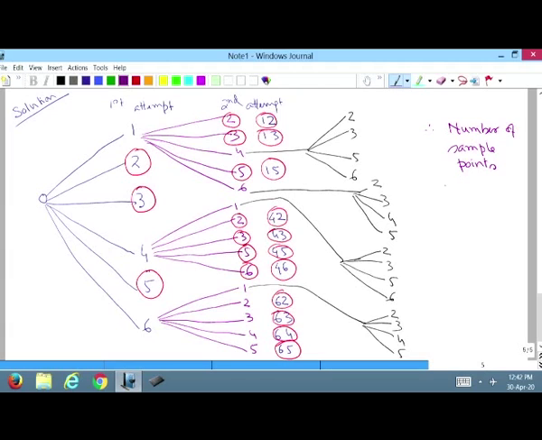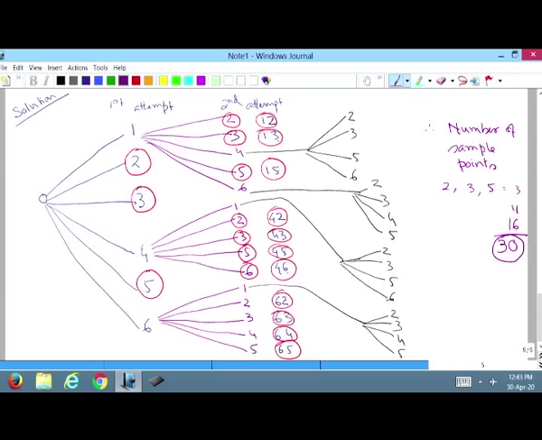One length we have 2 3 5, length of 2 we have 1 2 3 4 5 6 7 8 9 10 11, and in this case we have 4 plus 4 plus 4 plus 4, that means 16. So, total 30.